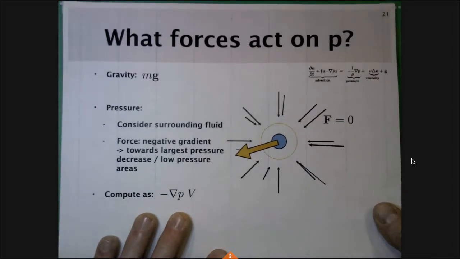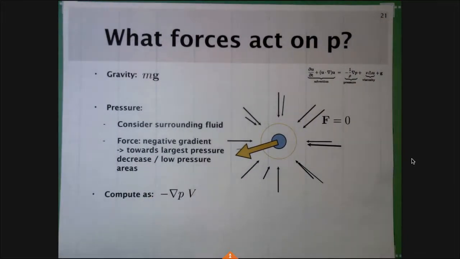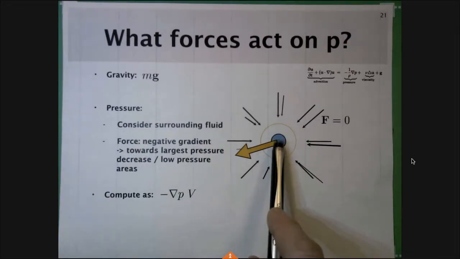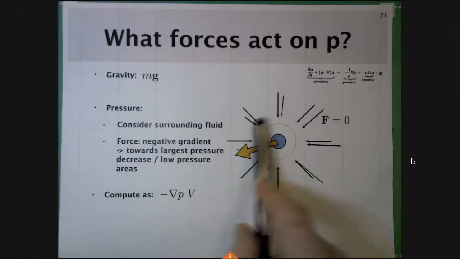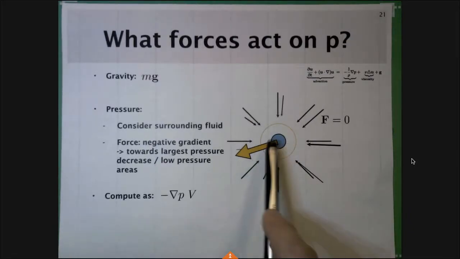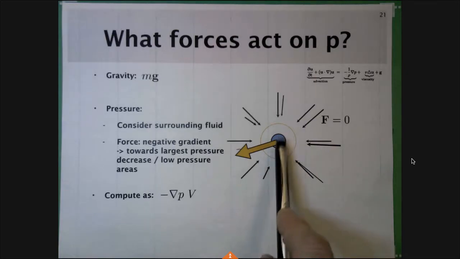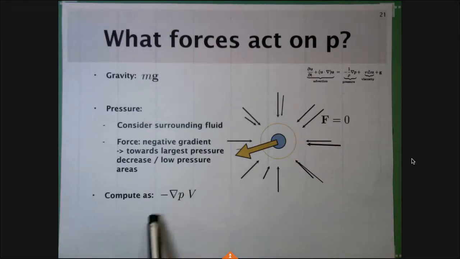The other very important force is the pressure force, the force induced by the fact that this blob is not there by itself, but there is some fluid surrounding it. The force acting on this blob of fluid will be equivalent to the minus gradient of pressure times the volume.